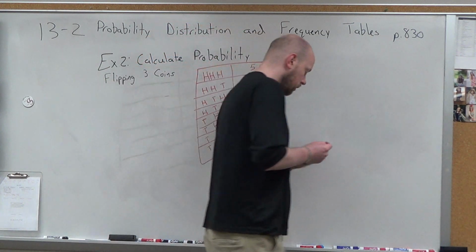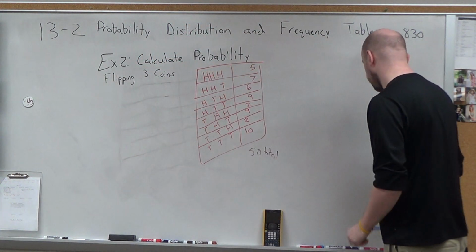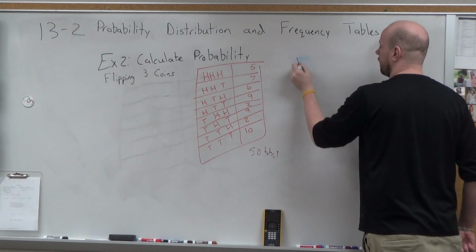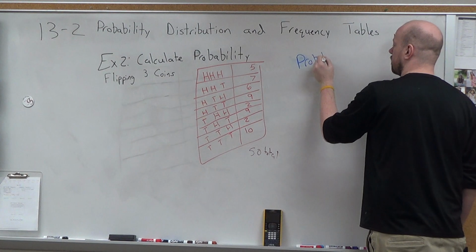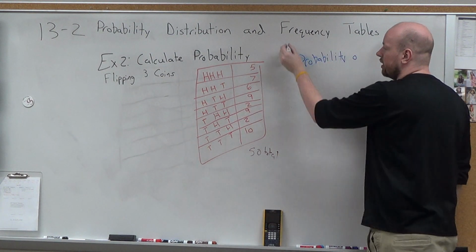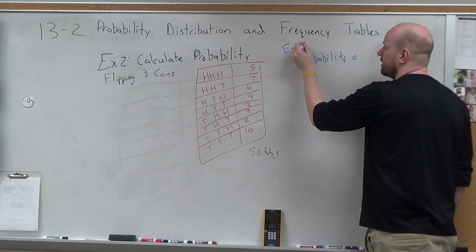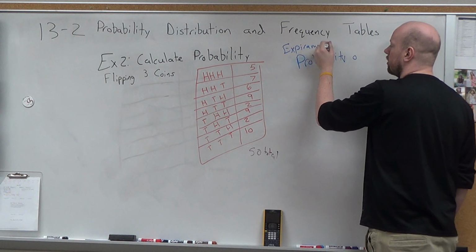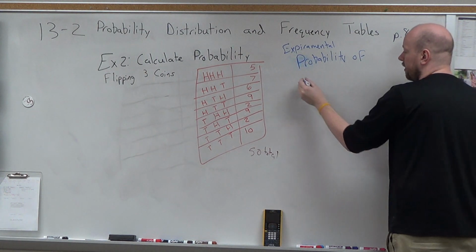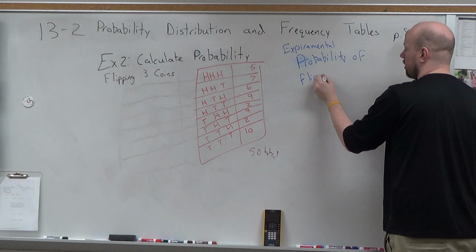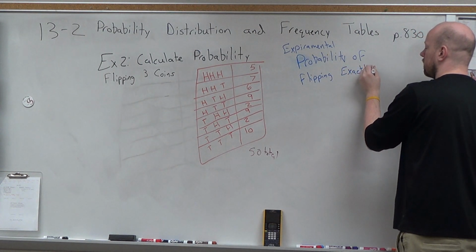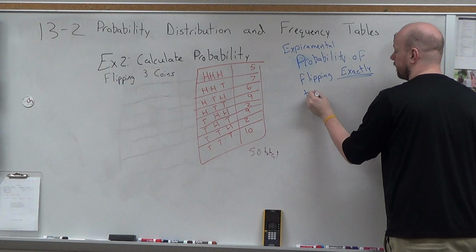Okay. So my question I'm going to ask you is, what is the probability, technically this would be experimental probability because it's data we did, of, I want to find the experimental probability of flipping exactly 2 heads.